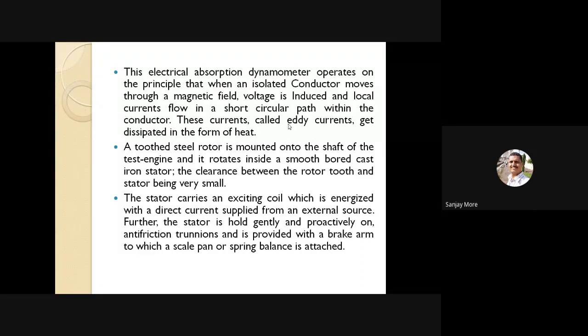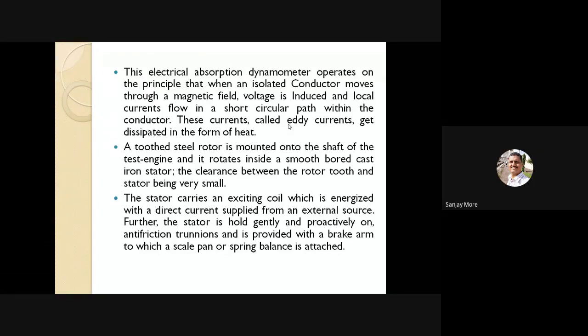Full stop. These currents, called eddy currents, get dissipated in the form of heat. Full stop.